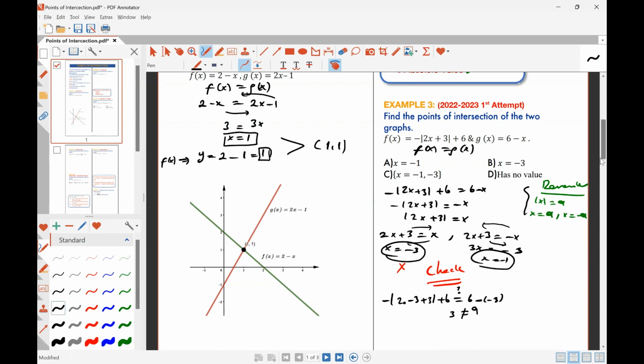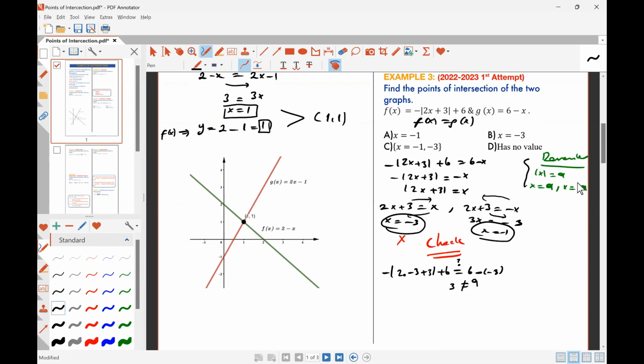Do the same. Let's see if left hand side is same as right hand side when you plug in negative 1 in the equation. So negative absolute value 2 times negative 1 plus 3 plus 6. Is it equal to g of x, 6 minus negative 1? On the right, I have 7.